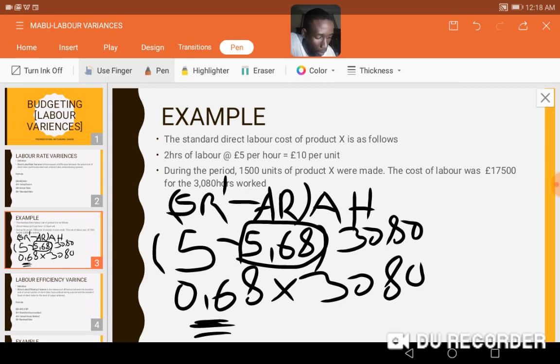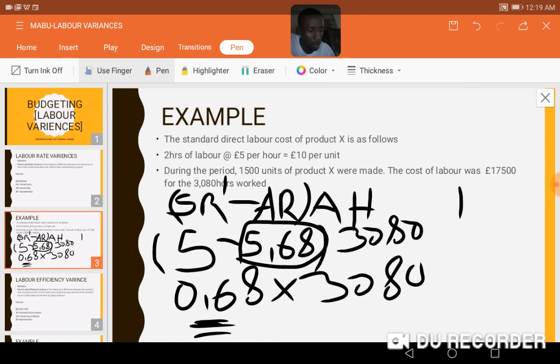Alright, we store it. 5 minus, then we click the number. It's going to be negative 0.61818181818. Sorry for the light, guys. Let's just continue.